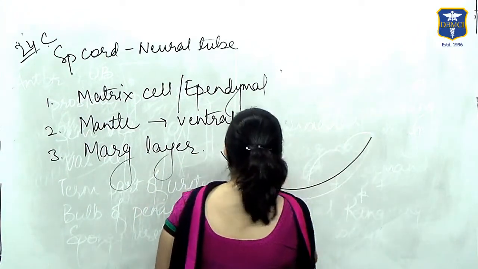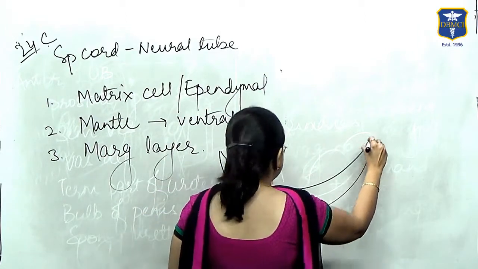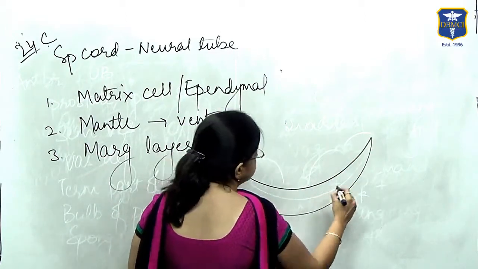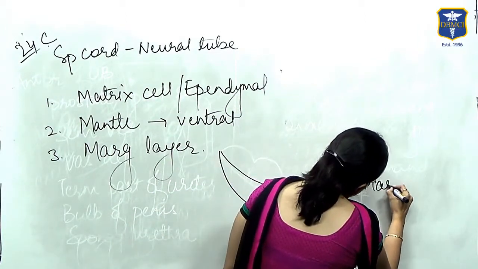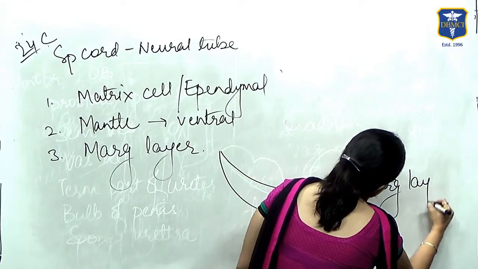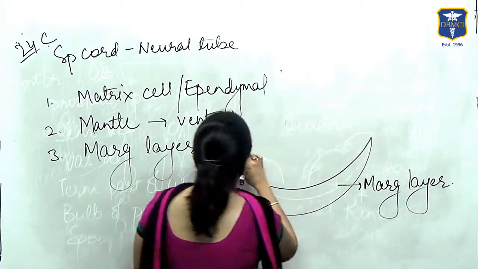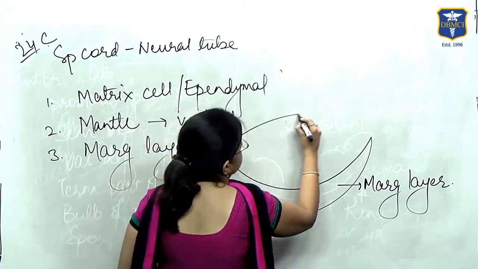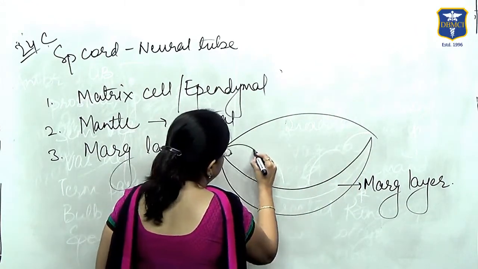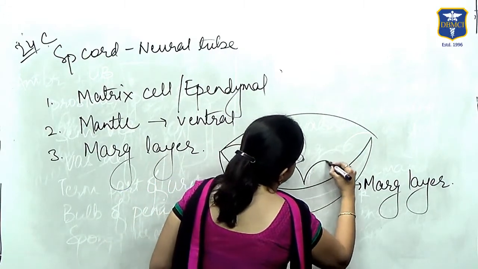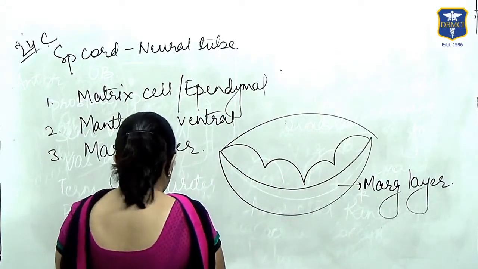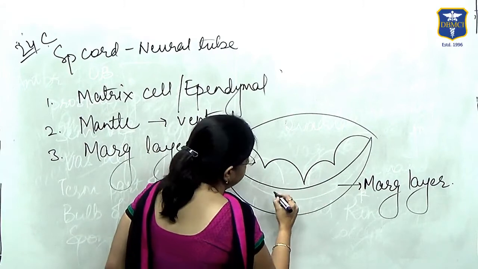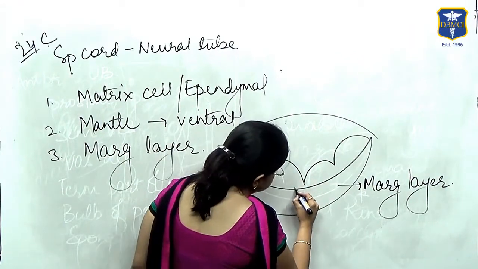So the sulcus limitans, this is the marginal layer, and this is the mantle layer. The mantle layer gets divided by the sulcus limitans.